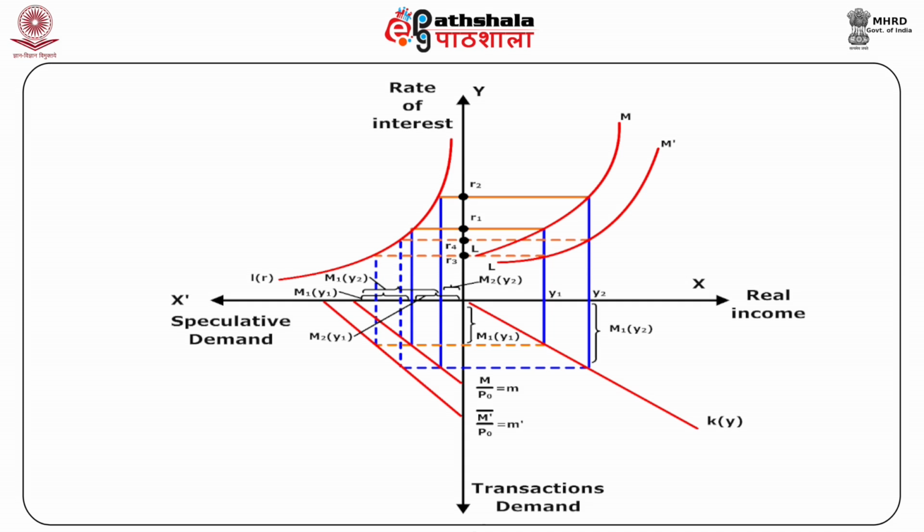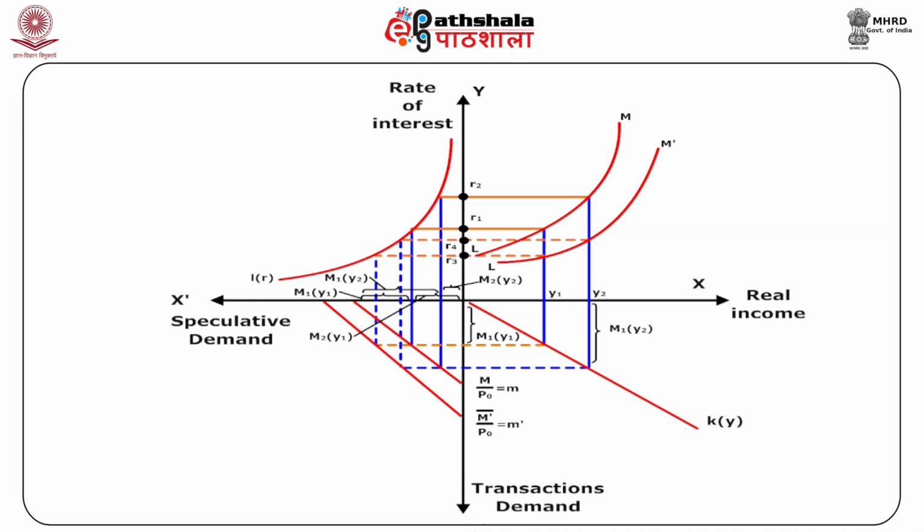But then again, compared to the old rate of interest, which was R2 in the case of y2, the rate of interest has to be lower. Only then will the speculative demand for money expand and fill the gap in this case as well.